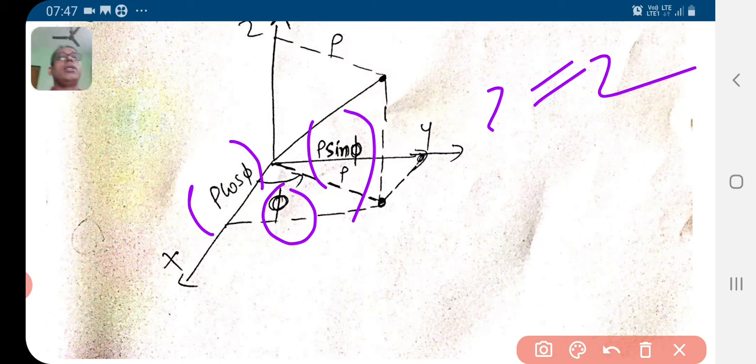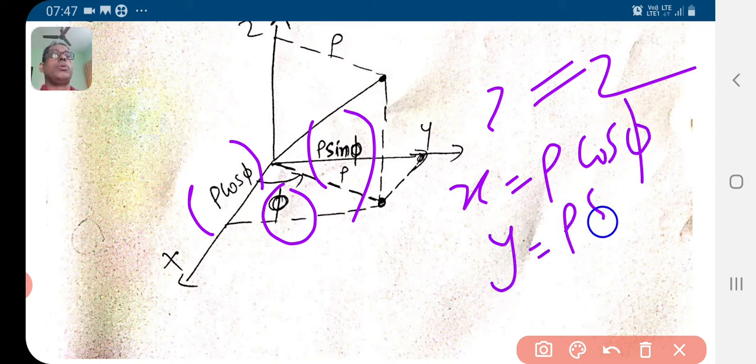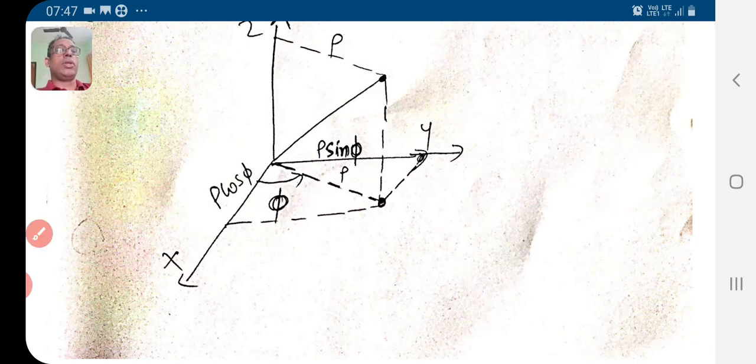So these are the transformation relations connecting the Cartesian coordinates and the cylindrical coordinates.